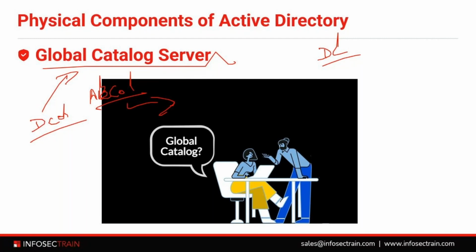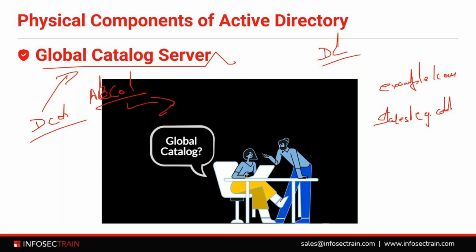So in a multi-domain Active Directory environment, each domain controller stores information only about its own domain. So it means that the domain controller in, let's say, example.com does not have full knowledge of objects in sales.example.com, right?